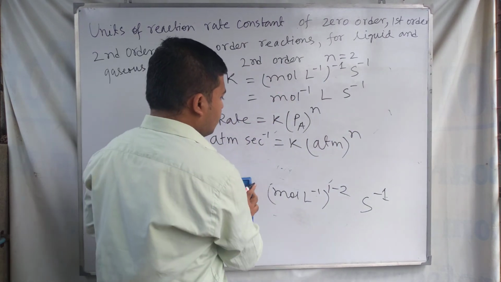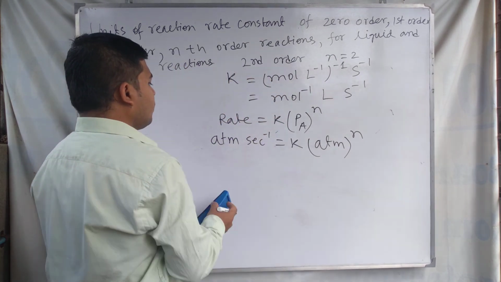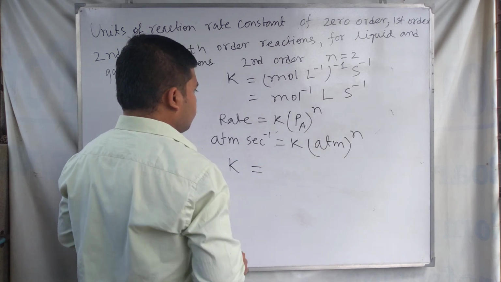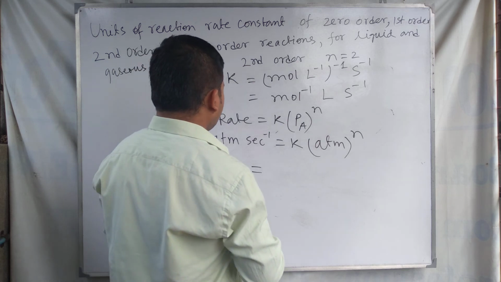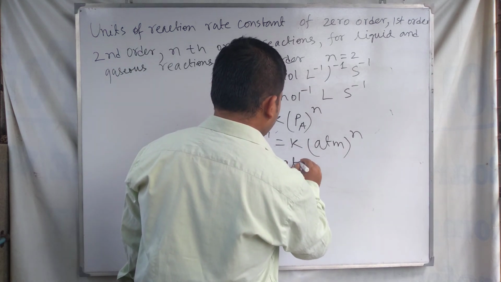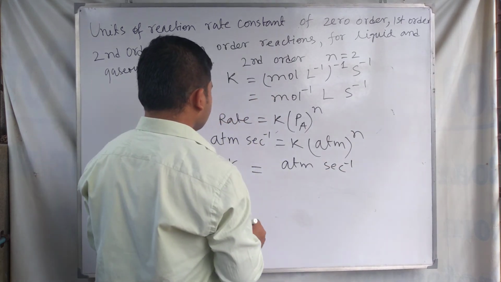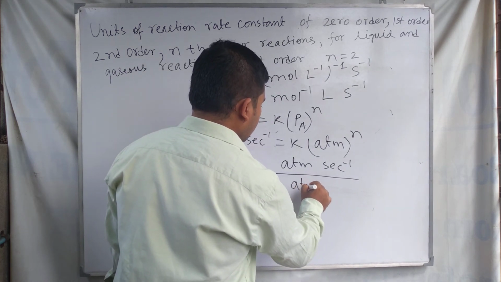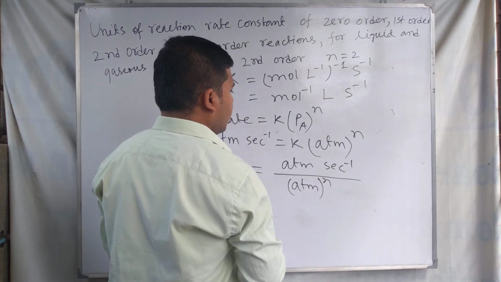So the unit of the rate constant k for an nth order gaseous reaction is equal to atm second inverse divided by atm to the power n.